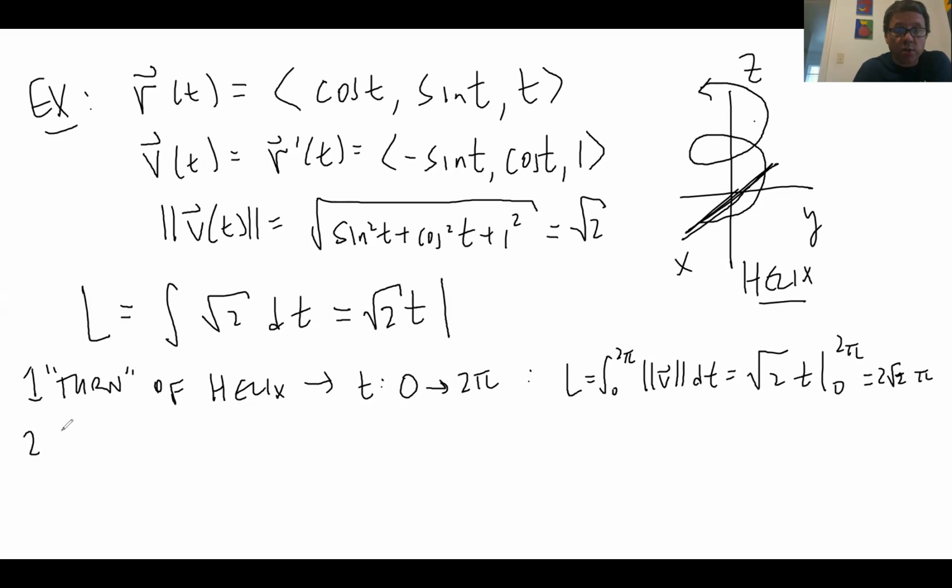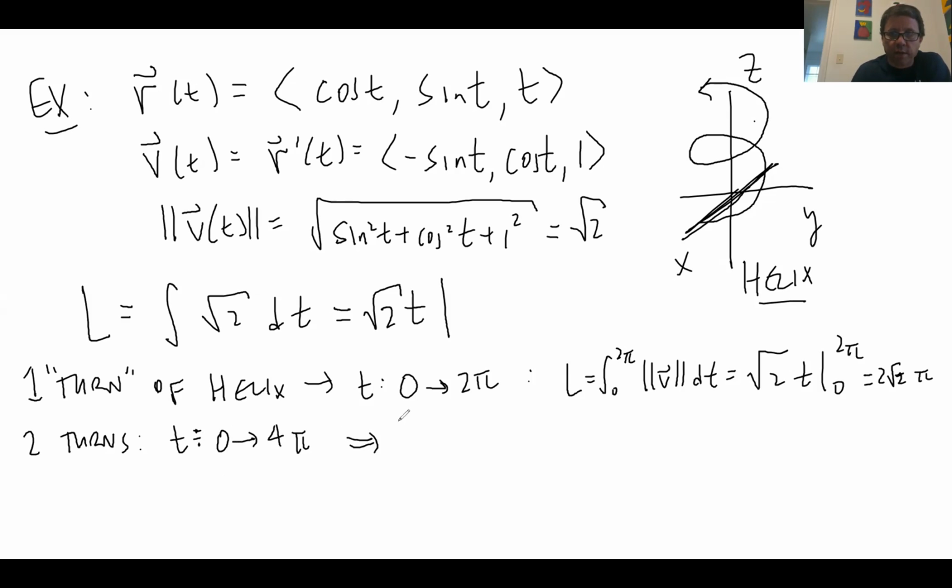If I did 2 turns, now the t parameter goes around twice. So I'll come back to the beginning, and I go around again. So I get 2 lengths of the spiral. That would correspond to going from not 0 to 2 pi, but 0 to 4 pi.